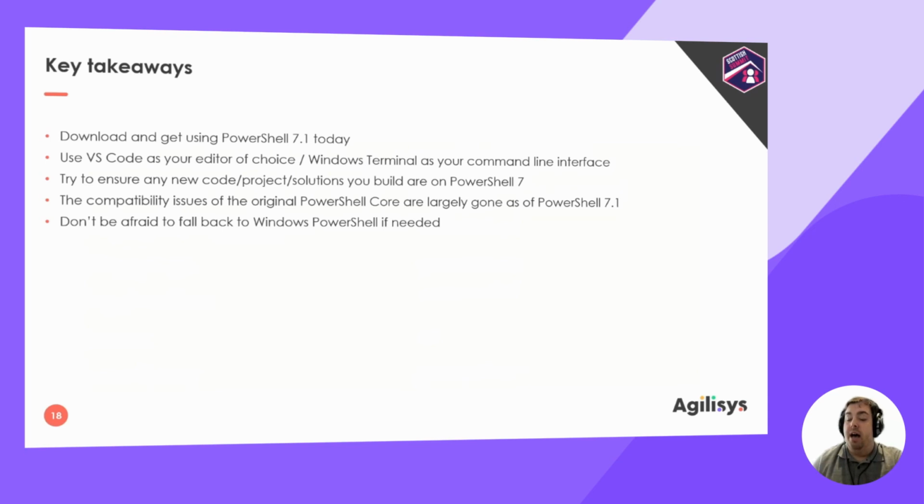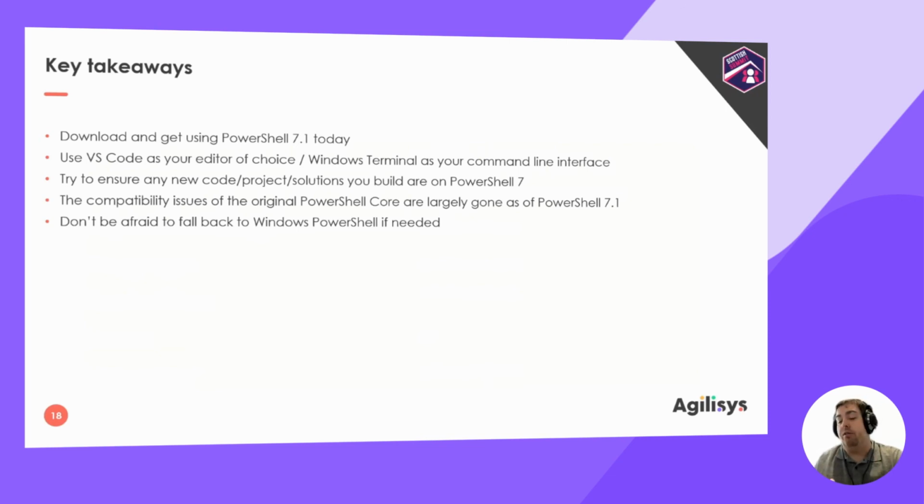Another one is, look, you probably want to get VS Code up and running if you're doing any sort of PowerShell projects, even if you are still working in Windows PowerShell. Again, I would strongly recommend the use of VS Code. There's a number of different improvements that have been integrated into the PowerShell extension. On top of using VS Code, I would probably look to transition, instead of running the PowerShell shell, to the Windows Terminal, which is a multi-shell launcher.